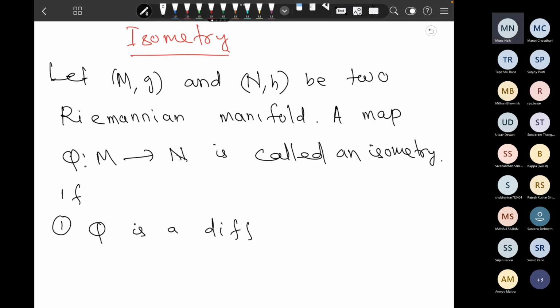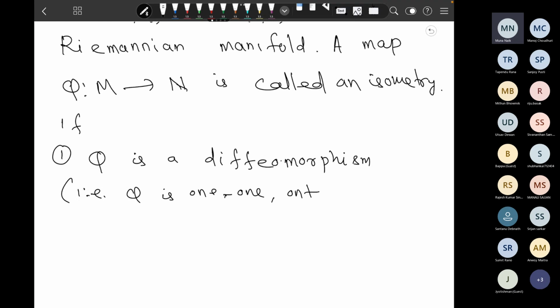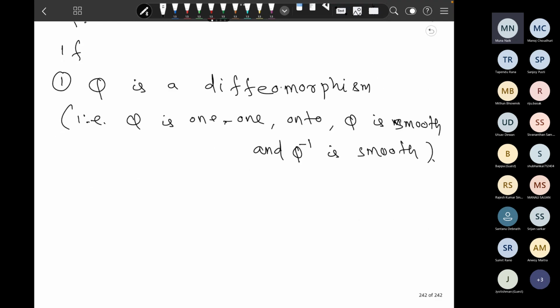That means phi is one-one, onto, and smooth, and phi inverse is smooth. And second, phi star h is equal to g.